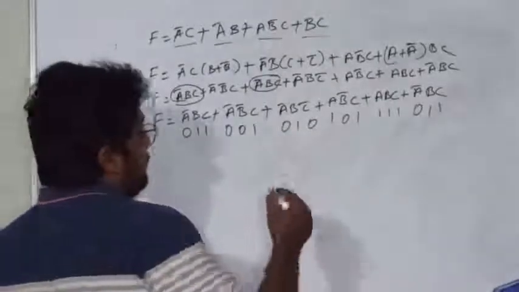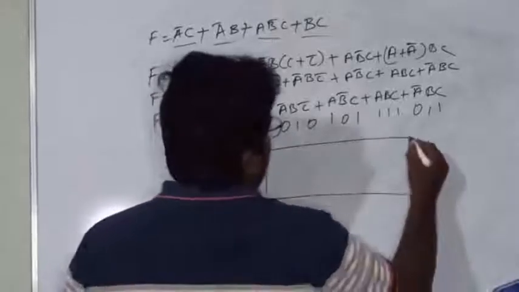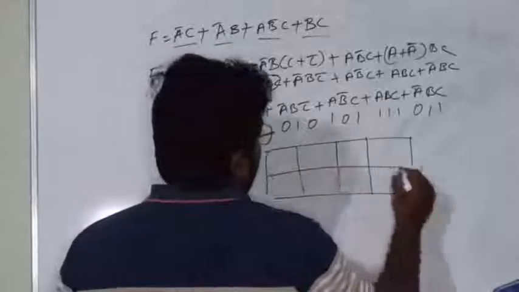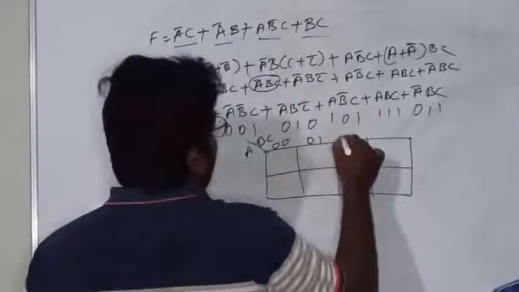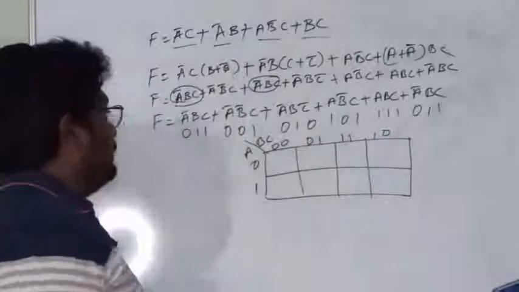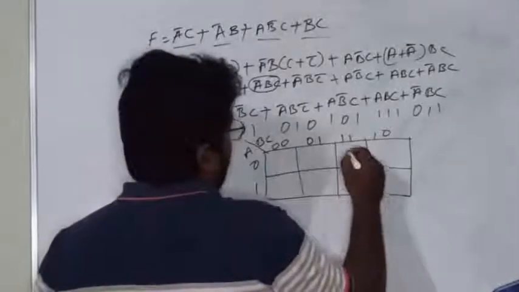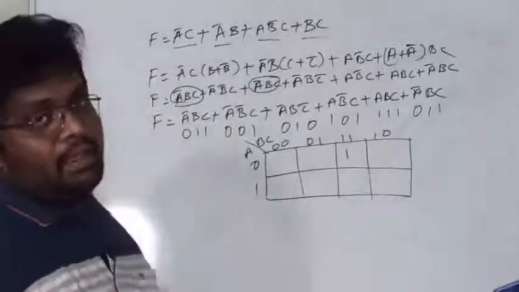So now I am representing the three variable K-map. Here I am representing the three variable K-map with A, B, C, 0 0, 0 1, 1 1, 1 0 and 0 1. So if you observe here, the first one is 0 1 1, and here it is a min term, right?